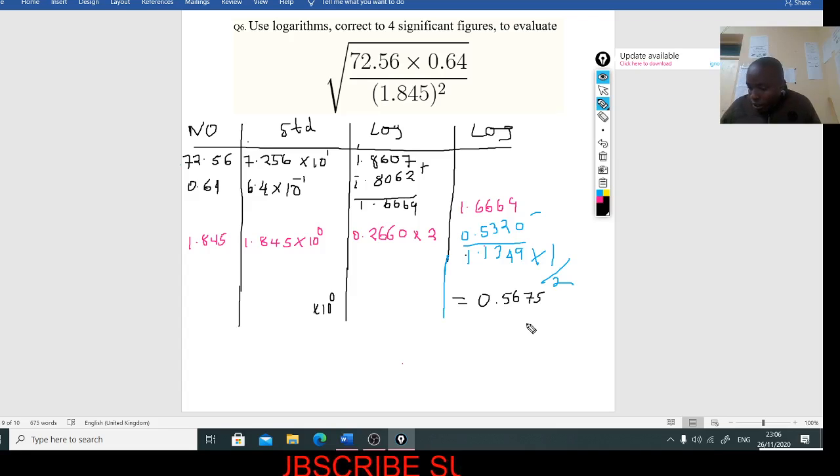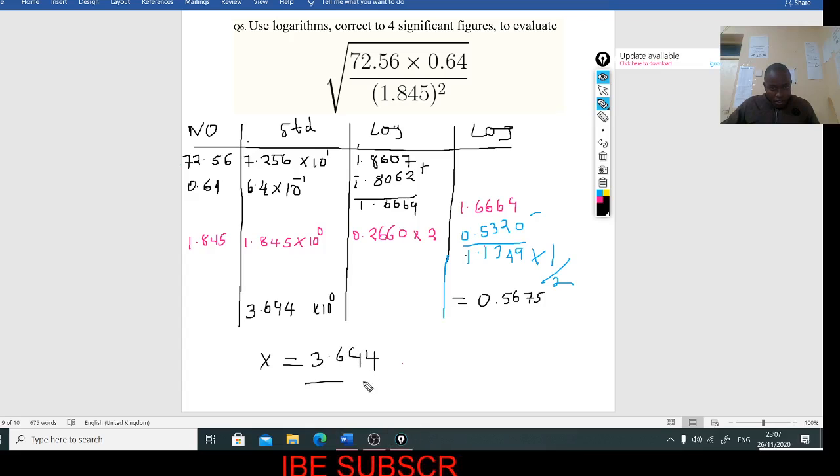You'll find it to be 3.694 times 10 power 0. So if it is times 10 power 0, the number remains. So the x is 3.694. It does not change.